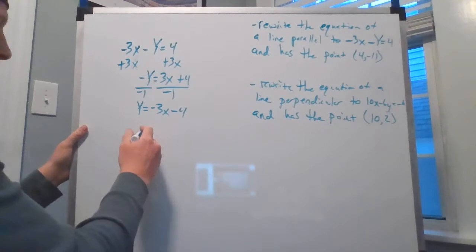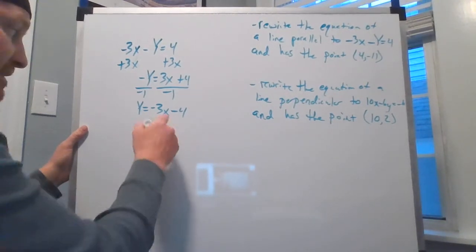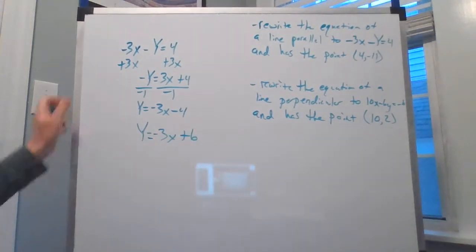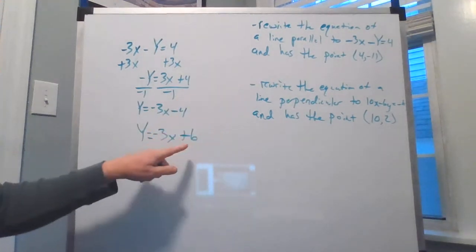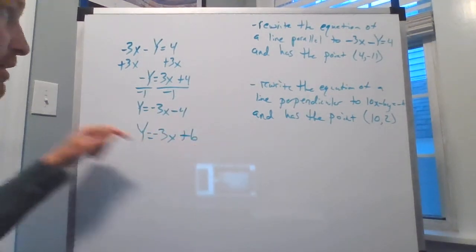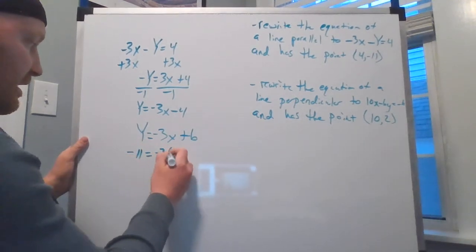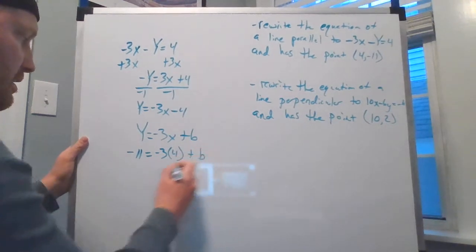So remember, like we did today, the line that's parallel to this is going to have the exact same slope, but a different y-intercept. And because I know a point, I can replace x and y with that point to solve for my b, my y-intercept. So y is negative 11. This is negative 3 times 4 plus b.